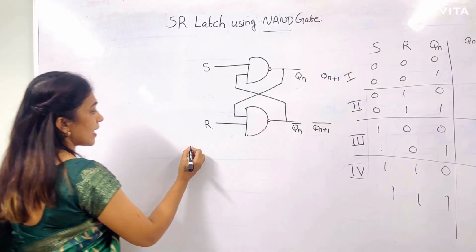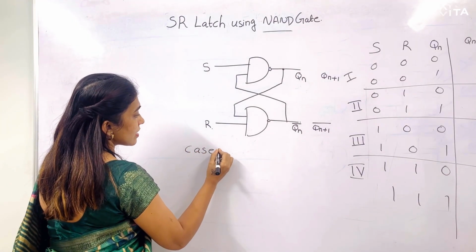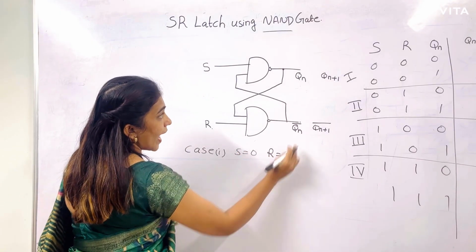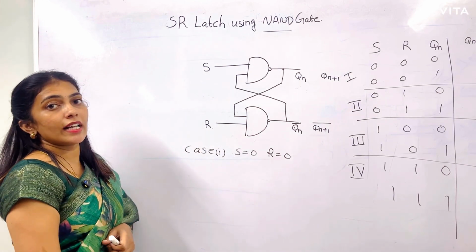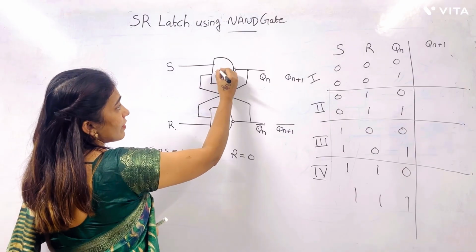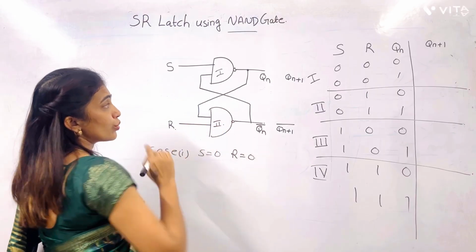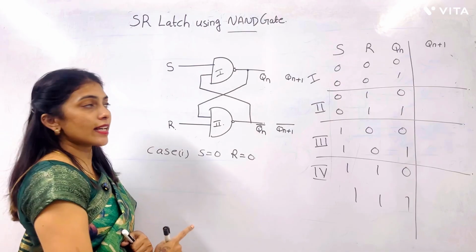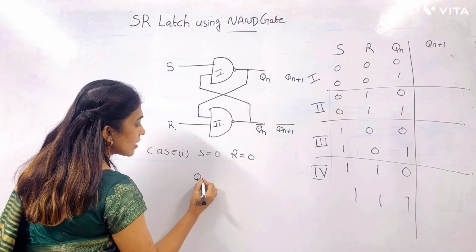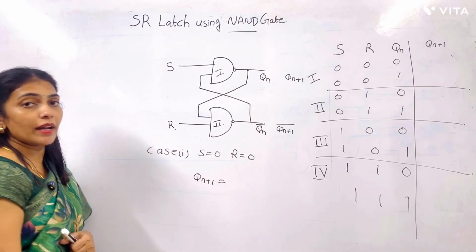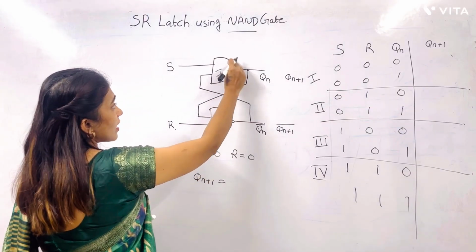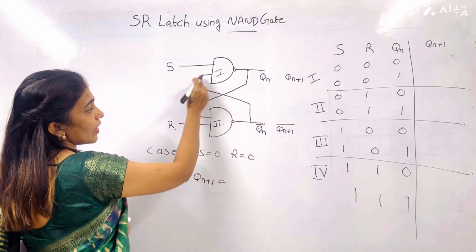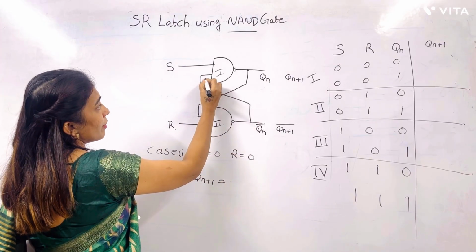Case 1: S value 0, R value 0. We need to calculate the next state output, Qn plus 1. You should calculate the output of the first gate and also the output of the second gate. The output of the first gate is Qn plus 1. What are the inputs of the first gate? One input is S and the second input is Qn bar.